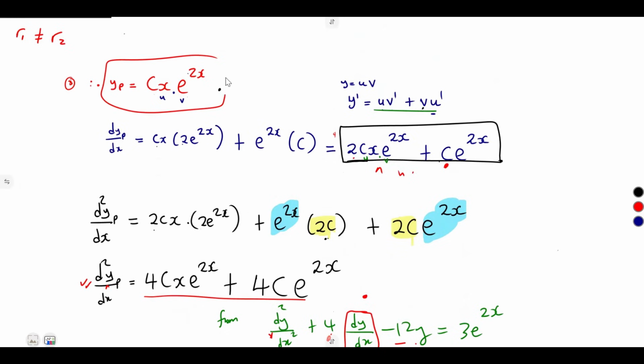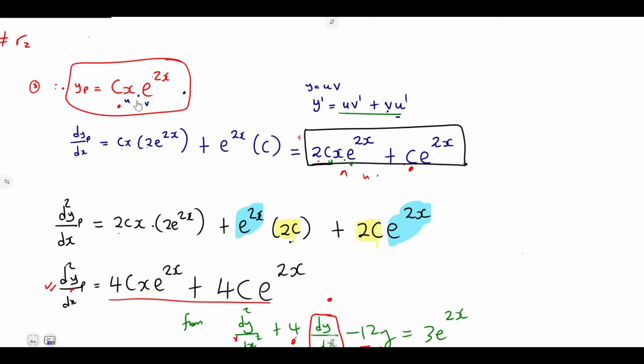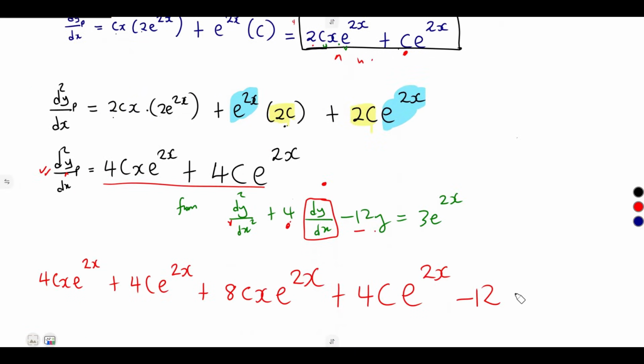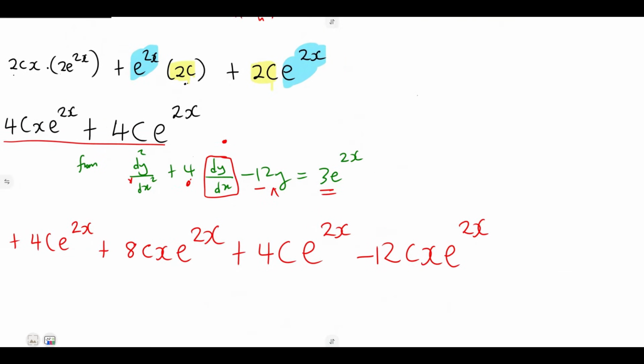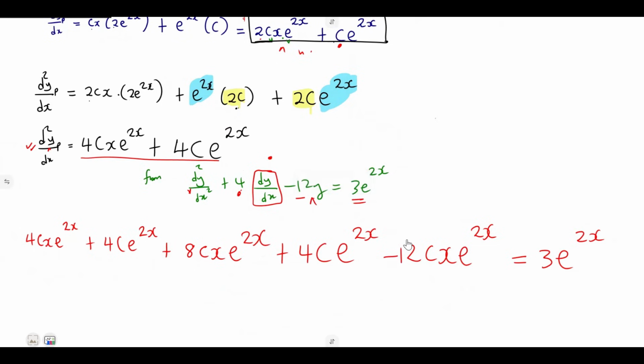So our yp, we multiply by minus 12, and we multiply to that y, the cx e to the exponent of 2x, so it's going to give us minus 12cx e to the exponent of 2x. All right, we are done with everything. So this is equal to our right-hand side, which is our f of x. From f of x, you see, guys, we want to equate to that f of x again. You see what our f of x is doing, guys.